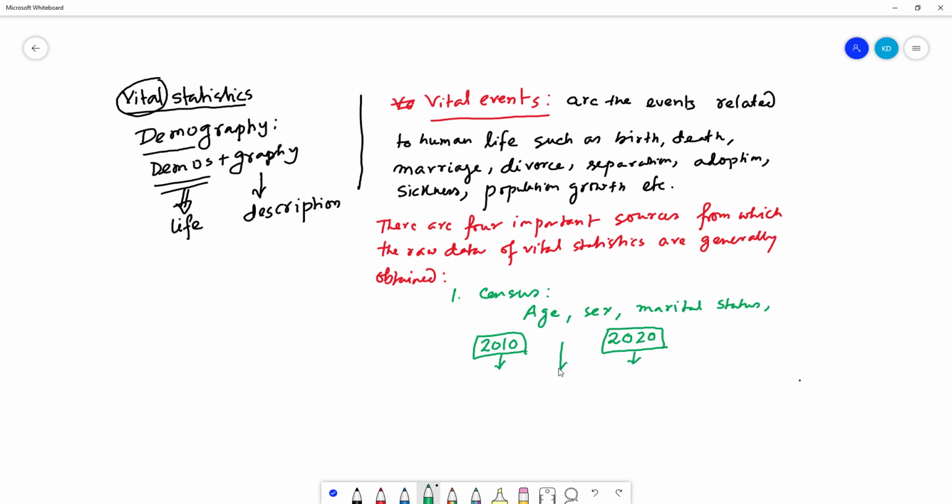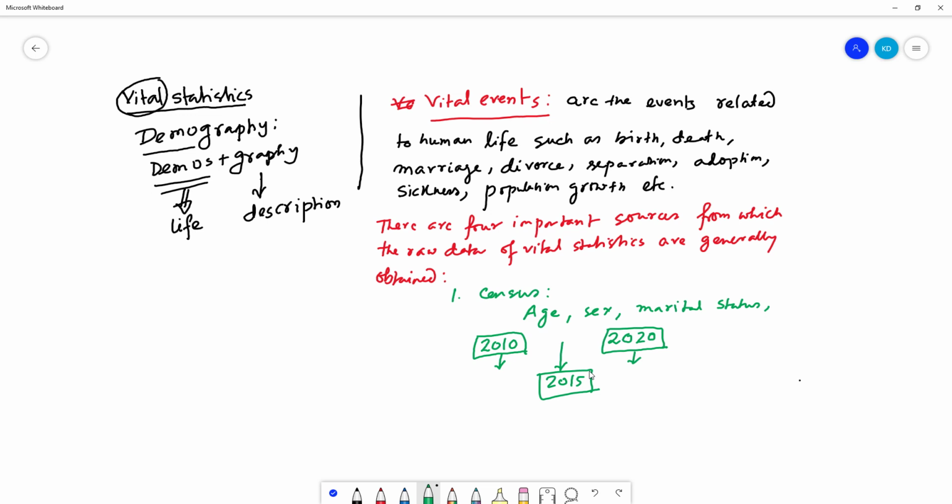If you want the data in between, suppose 2015, in that case this census data fails to produce vital statistics for intercensal years. Moreover, the data obtained in respect of births and deaths are not complete even for the census year. Hence, the census enumerations fail to produce data suitable for vital statistics.